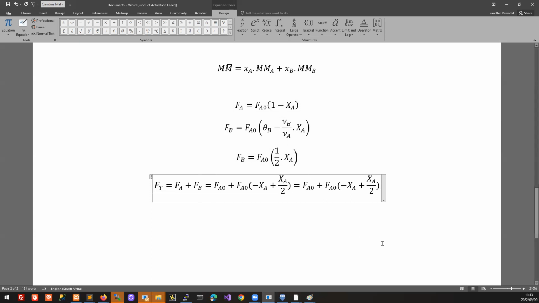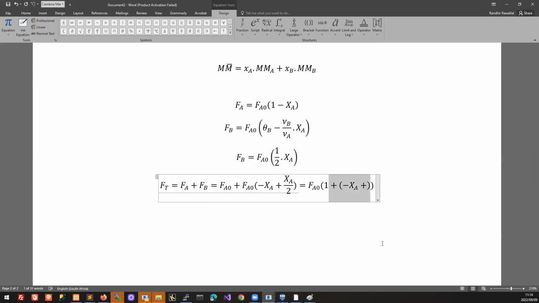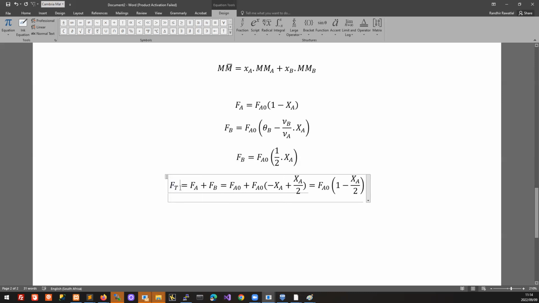So we can write this as FA0 times 1 minus XA over 2. Right, so that's the total number of moles leaving the reactor.